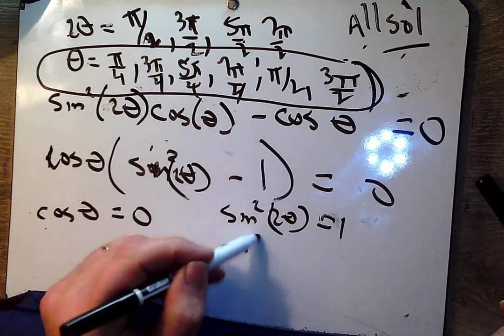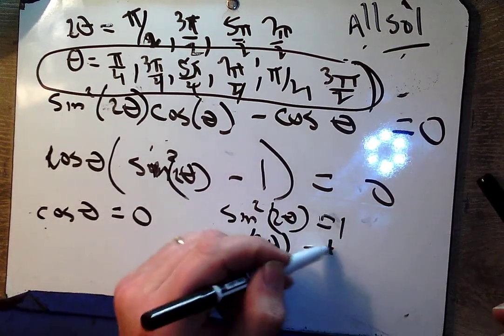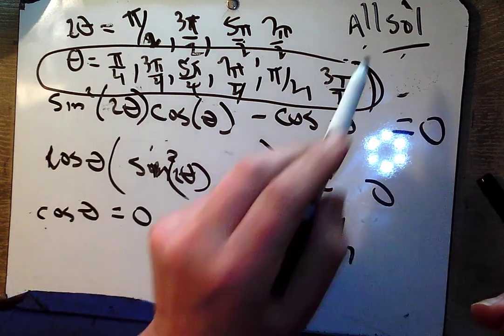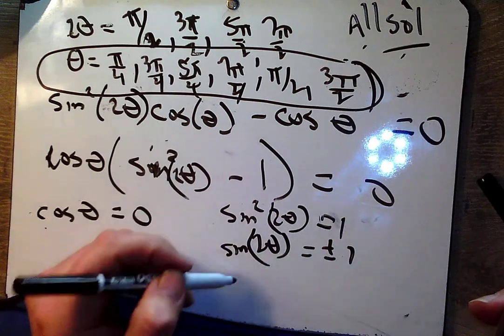That's sine 2 theta equals plus or minus 1. Where do we go from here? Well, because we're doing all solutions, I'm only going to go around once.